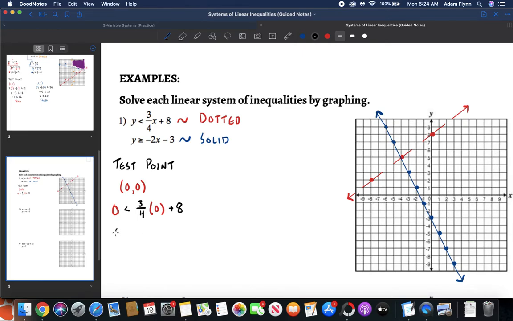I'm left with 0 on the left side. 3/4 times 0 is 0, and I'll bring down my 8. 0 plus 8 is 8, so I have 0 is less than 8.